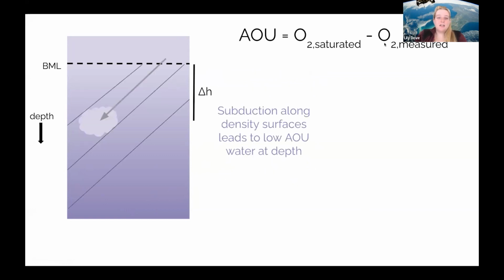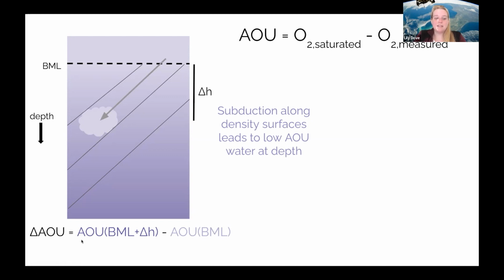But you can imagine if you have some way of getting low AOU waters from the surface to depth, potentially along density surfaces, you can get values of low AOU water at depth that you wouldn't necessarily expect. And so this is what we decided to look at, and we are using this value that we call delta AOU.